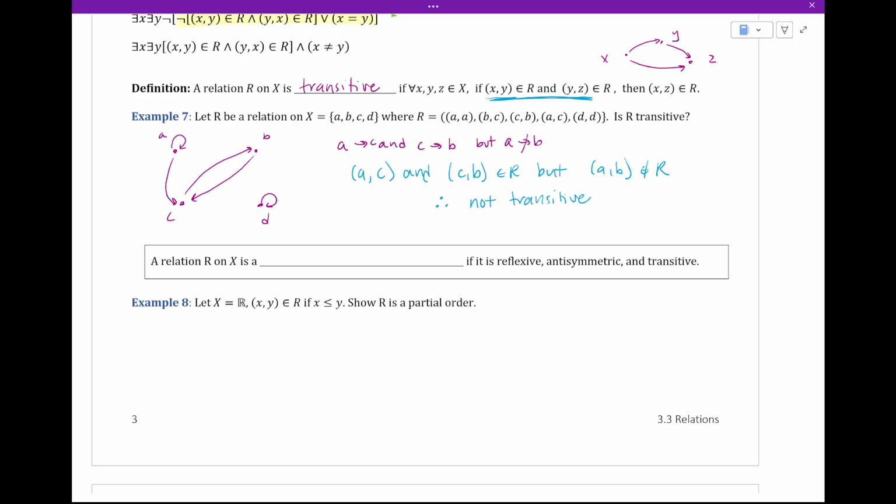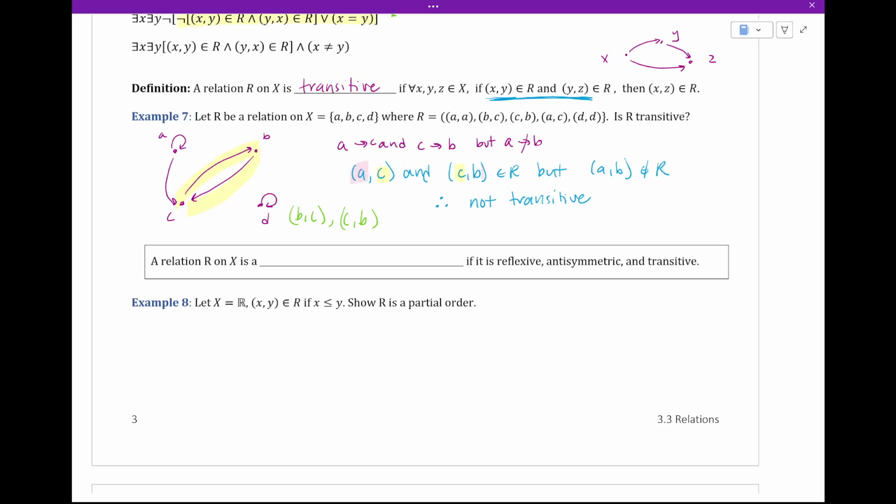There are other reasons it's not transitive. One of them is, let's see, I've got (b,c) is in R and (c,b) is in R. And what you do is when you make this statement, these middle two are the same.